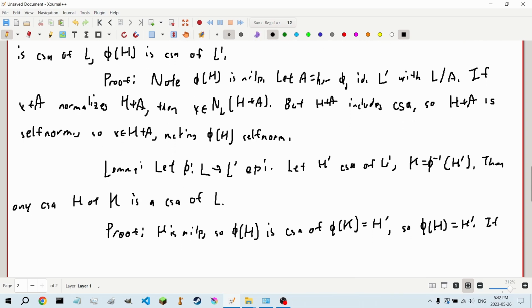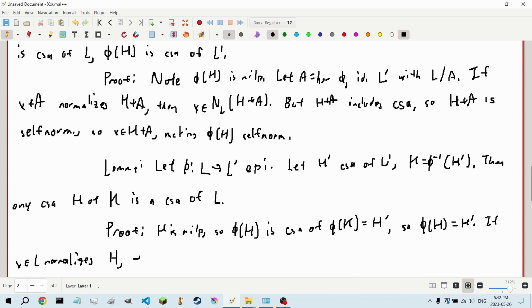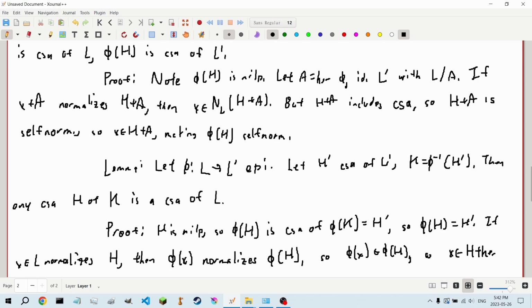So if some element x in L normalizes H, then phi of x normalizes phi of H, so phi of x lies within phi of H. So x is contained within H plus the kernel of phi.